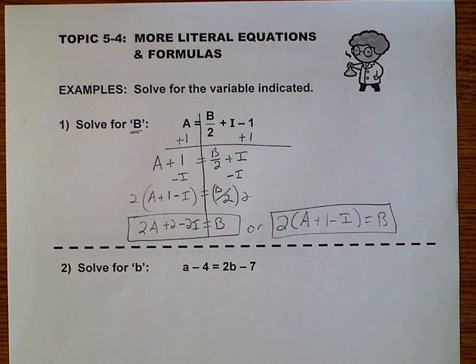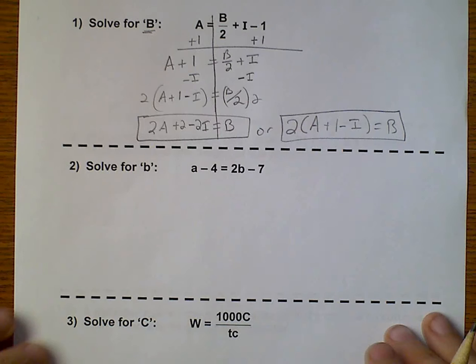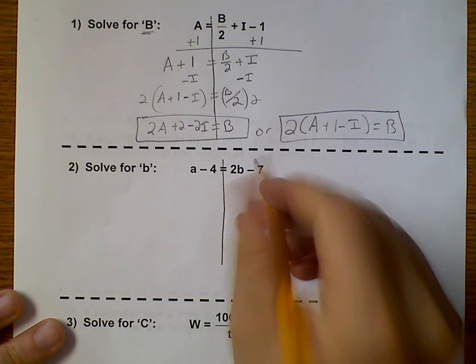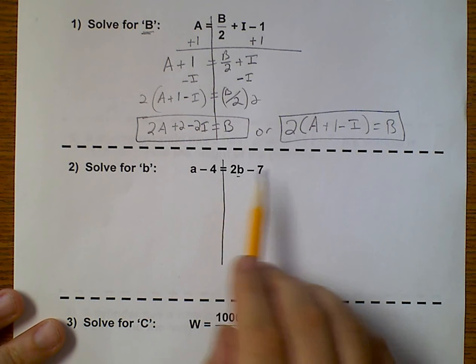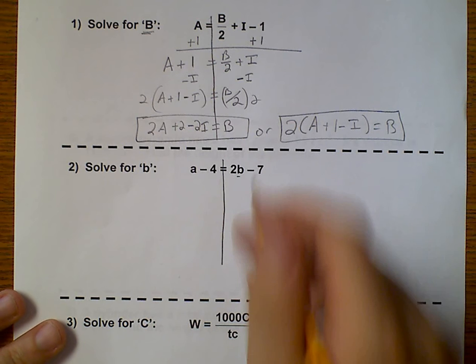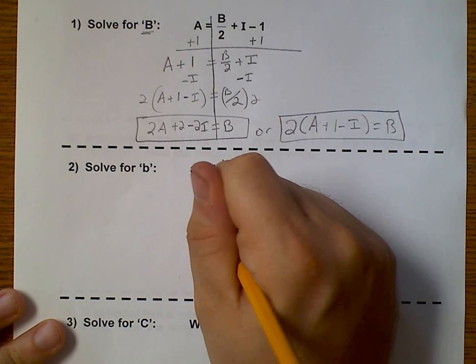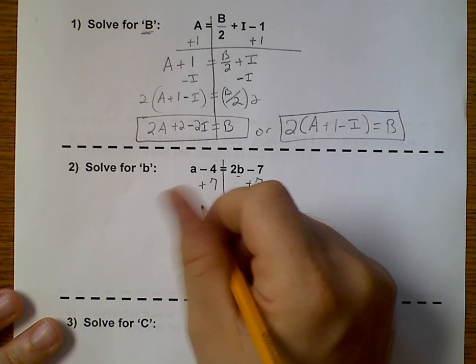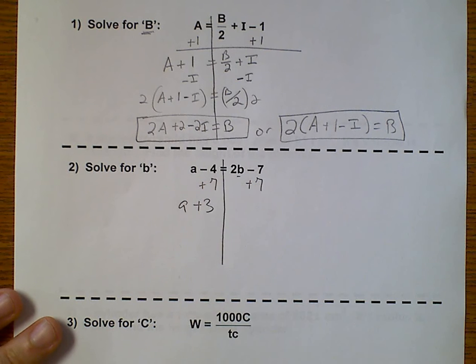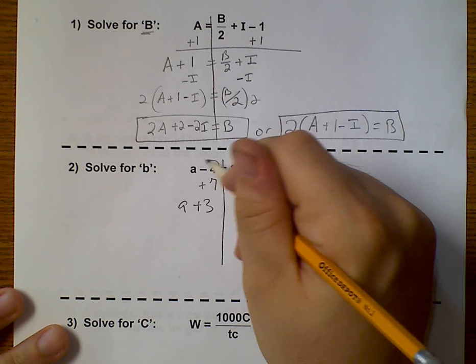Well, now for example number 2, we're also solving for b. And so this b is over here, and I've got 2b minus 7. Well, I've got to get rid of that 7 first, so I'm going to add 7 to both sides. And that gives me a plus 3, because I can combine the 4 and the 7.